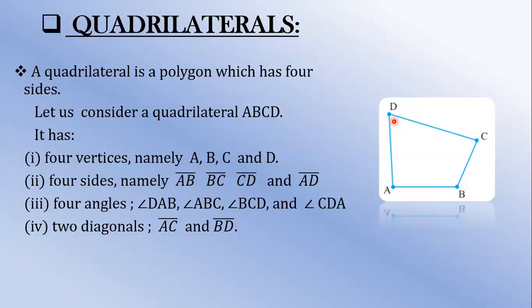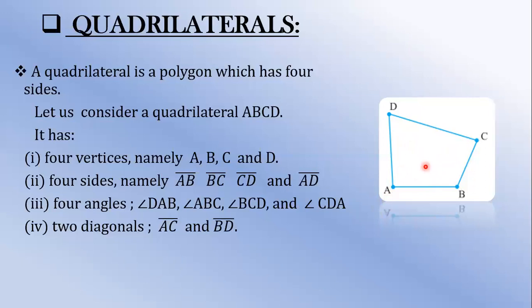If we join these opposite angles, angle A and angle C, we will get a line segment. This line segment is called the diagonal. Here AC is one diagonal. In the same way, if we join B and D, we will get the diagonal BD.